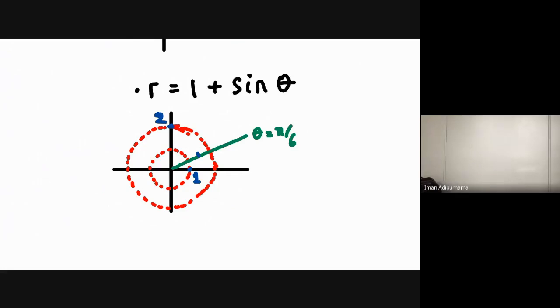So imagine I need to connect this dot through here, or maybe the next one will be pi over 3. So probably like this. And the same way, it will be like this. And when you reach this point, you will get this kind of curve.